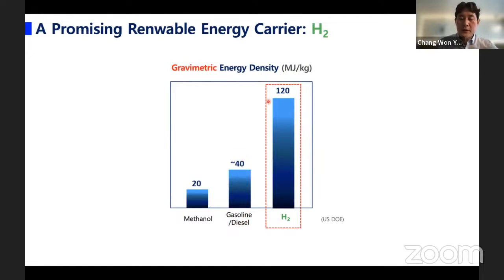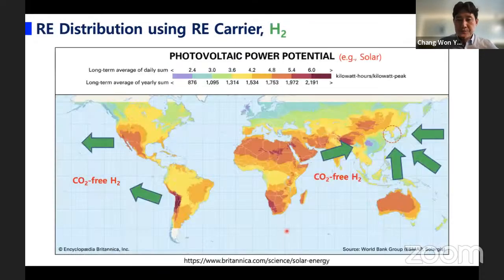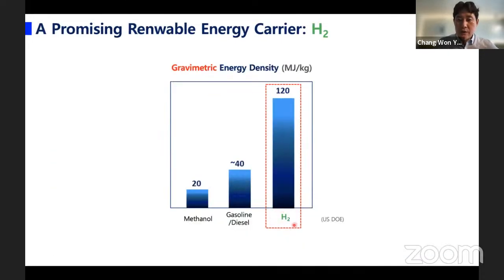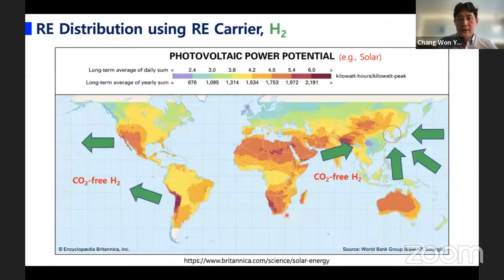It's nearly 3 times higher. And also, hydrogen contains no carbon, so if you use hydrogen for energy production, water is the only byproduct. So it's very, very promising.